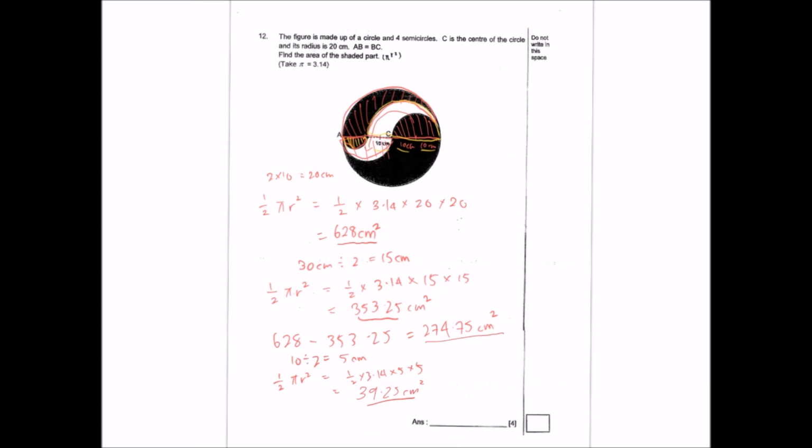We add them all together, 628 plus 274.75 plus 39.25. Okay, you'll get the answer of 942 centimeters square. Okay, which is the answer, 942 centimeters square.